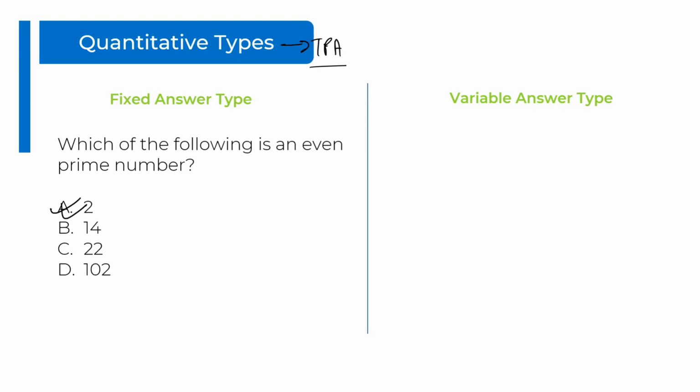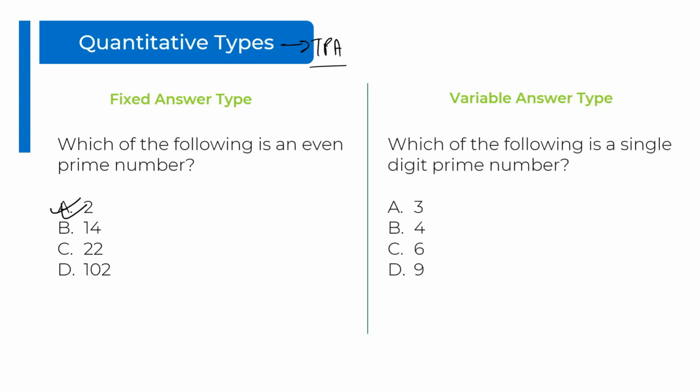Whereas the variable answer type question can be something like this: which of the following is a single digit prime number? There are multiple values possible. There can be two, three, five, seven. However, in the options, I only need to mark three, but there are definitely variable answers possible.